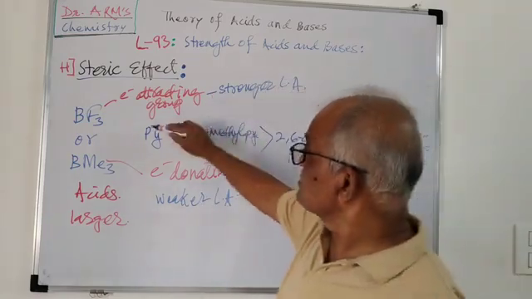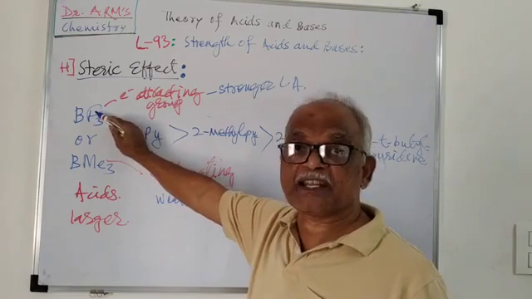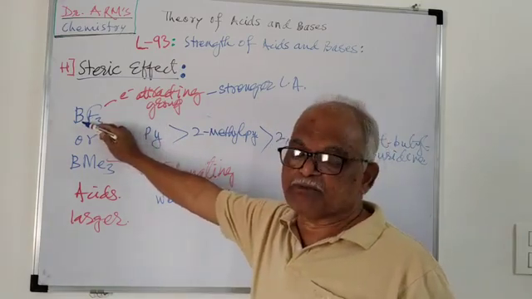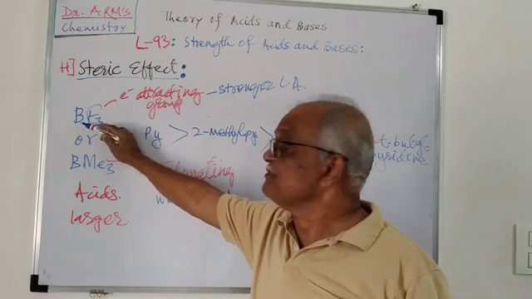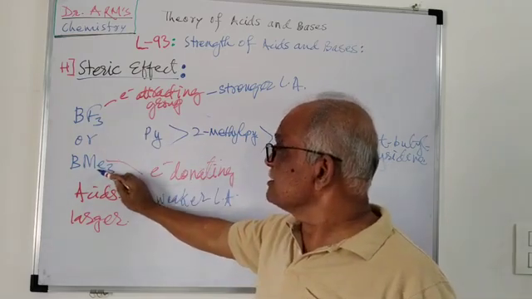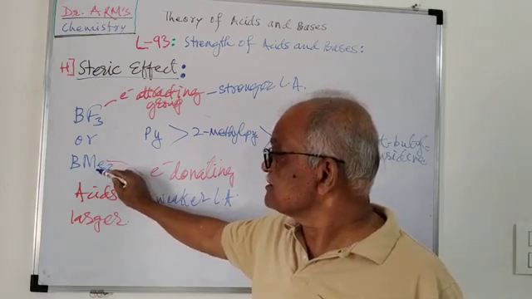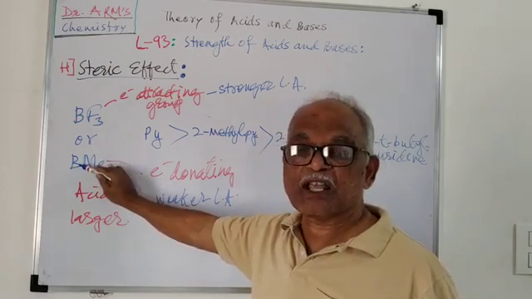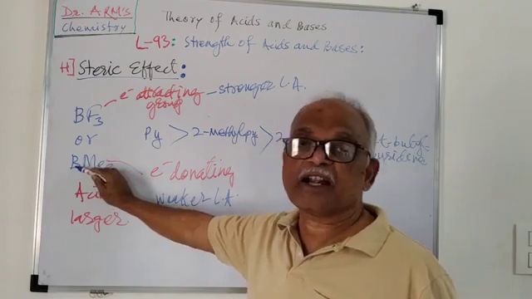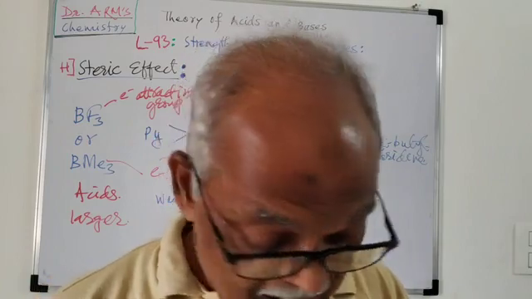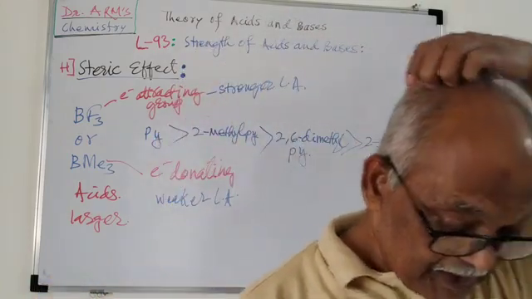This is because of the difference. Fluorine is electron attracting, so that is why the boron becomes more electron deficient. But here there is a methyl group which is electron donating, meaning electron density is moving towards boron. So the electron attracting power of boron becomes weaker, and that is why it is a weak acid.